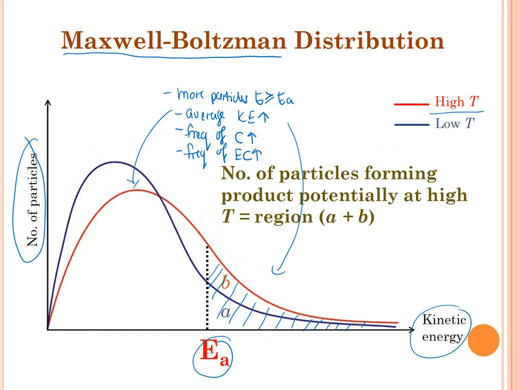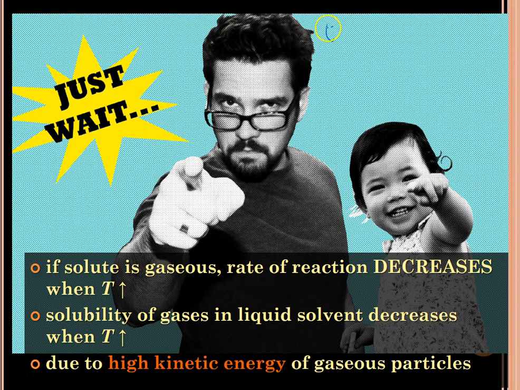As the particles collide more frequently, they collide with correct orientation, and there are more particles with energy greater than activation energy, which results in frequency of effective collision to increase, and this causes the rate of reaction to increase at higher temperature. I would want to use this example where carbon dioxide dissolving in water to form carbonic acid.